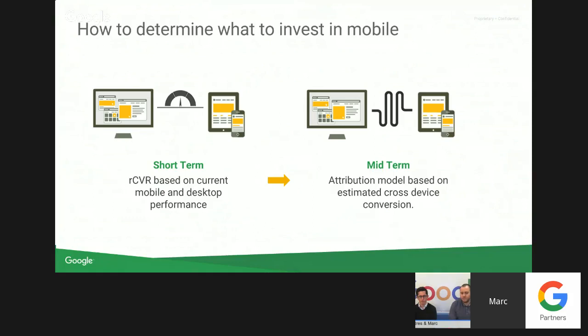But you can also take some of the indicators from the Elmo report to see the full view of mobile performance. Today we're going to focus on the short term and how you can determine the optimum embed based on the current conversions within your AdWords account. We're going to look at ORCVR, and then later on Andy's going to take you through a new product that we've just launched, the Embed Simulator tool.